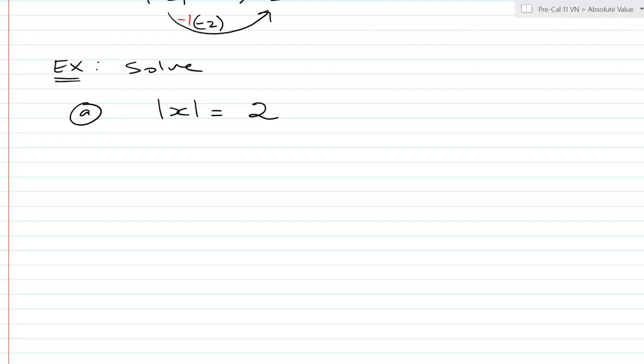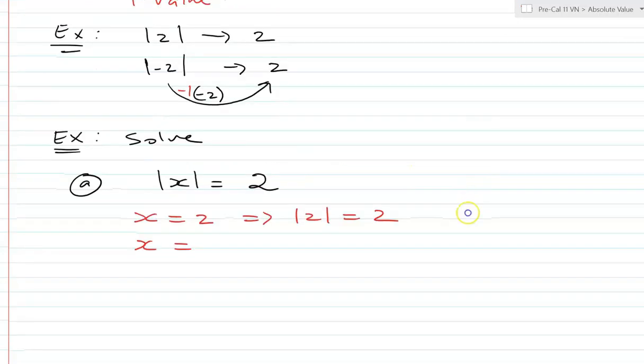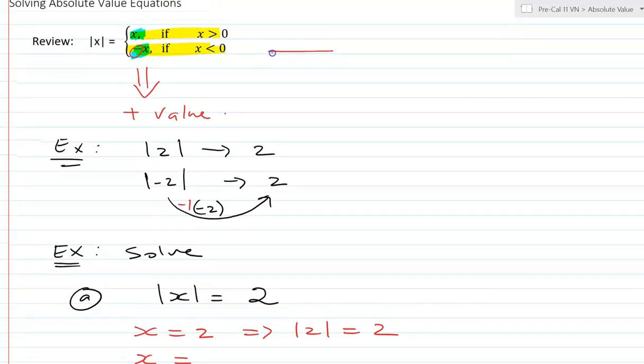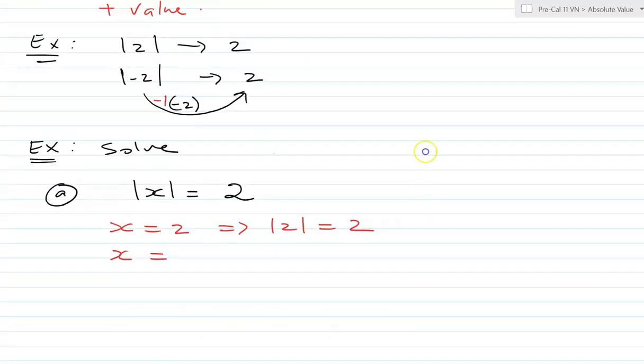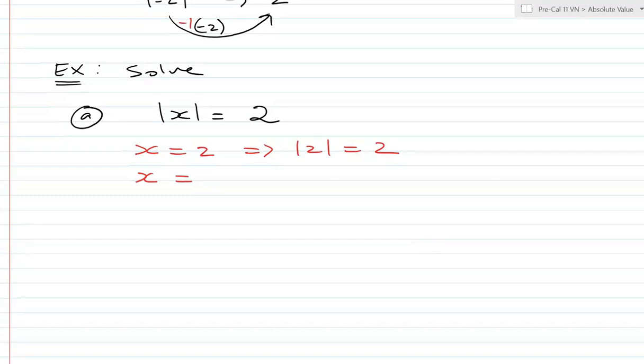The first answer is that x could be 2, because the absolute value of 2 is 2. But according to the second case, if x is negative, let's say negative 2, then the absolute value of negative 2 will also give you 2.